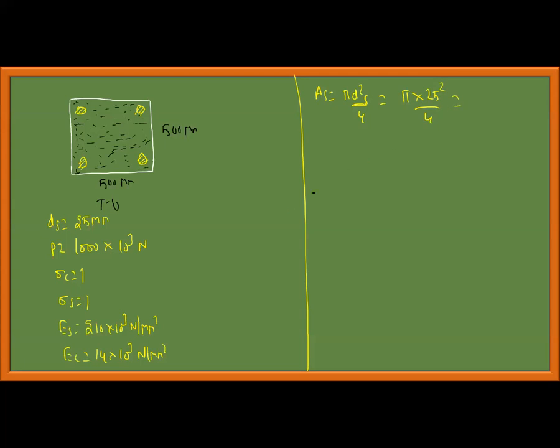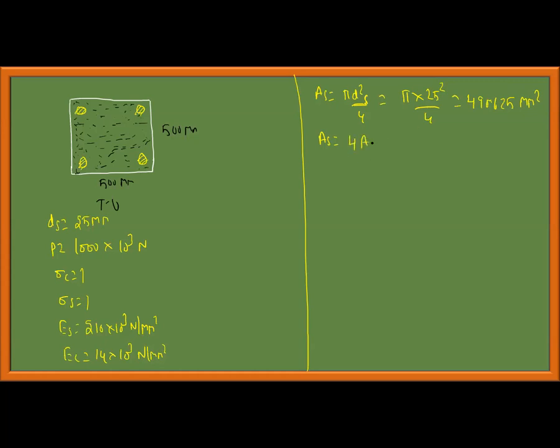Tell me this value, area of steel. 490.625 mm square. Why are others not answering? Only Raghavendra is answering.